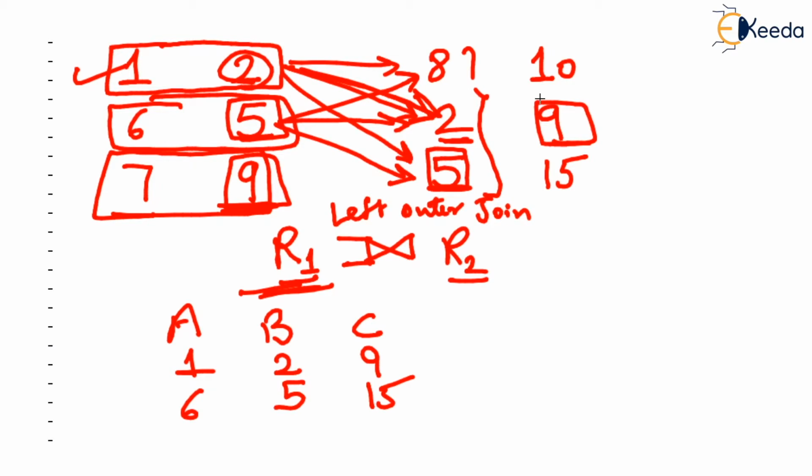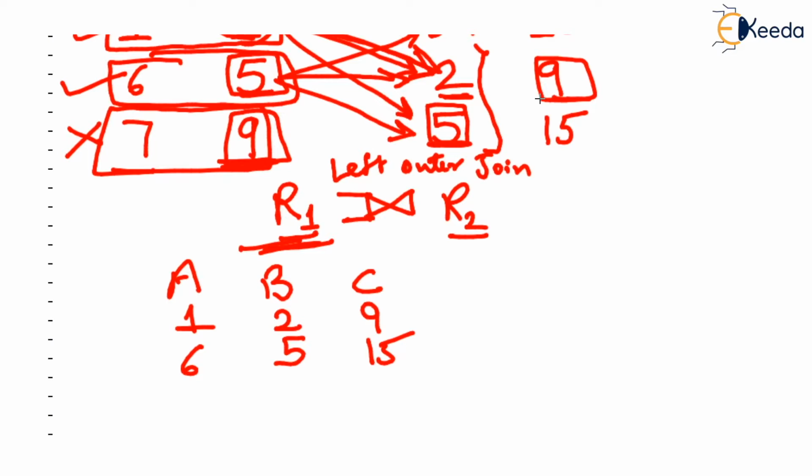So what happened in the inner join? You remember, these two rows were listed, but 7, 9 was not listed at all. But now we are talking about left outer join, and left outer join has the left table as R1, the left hand side table. So it says nothing doing, whatever is there in the left table, the value of A and B has to be shown.